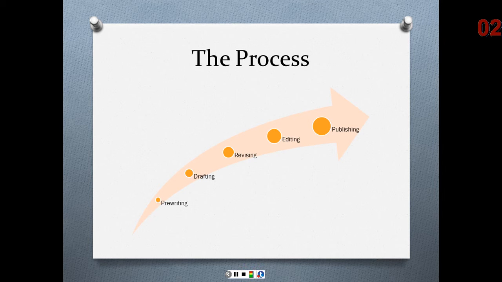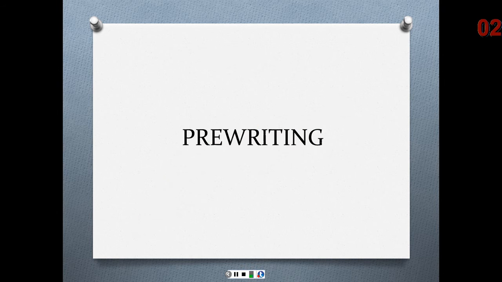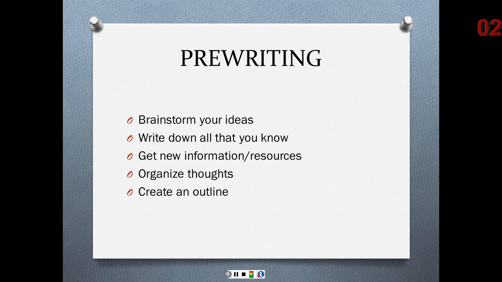So this process does not have to take months and months. People get overwhelmed with things and they struggle. But the process can take place in 3 weeks for a 5-page paper. So you can extrapolate that out and figure out how long it could take you to do your more extensive 10 or 15-page paper.